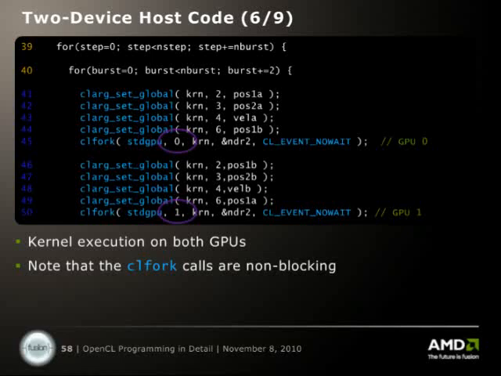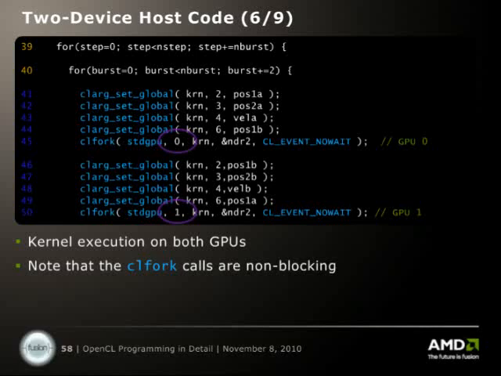Okay, and now we begin the loop over steps, which again, lines 39 and 40 just reflect that we've broken up our step loop into two parts. But lines 41 through 45 is where we actually begin executing the kernel or queuing it to be executed. So what you see here is that we have to set more arguments dynamically. Just as before, we set kernel argument 2 and 3 to point to the old and new position arrays.